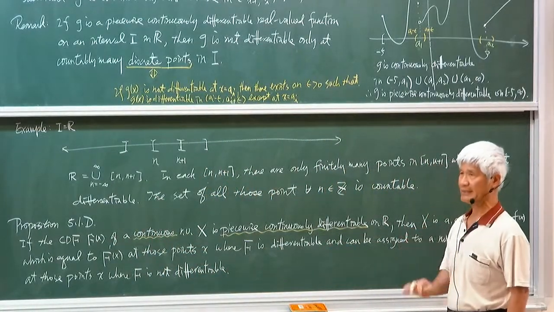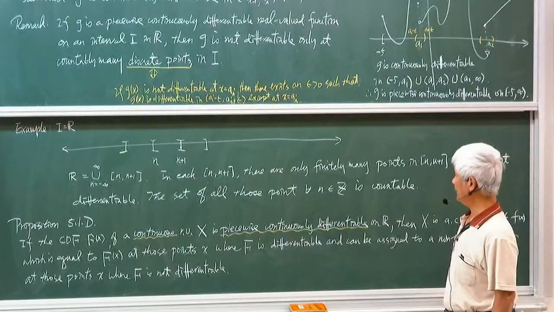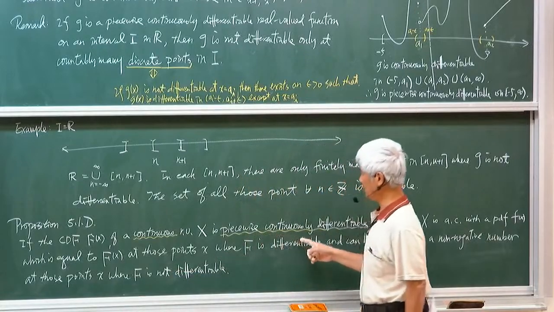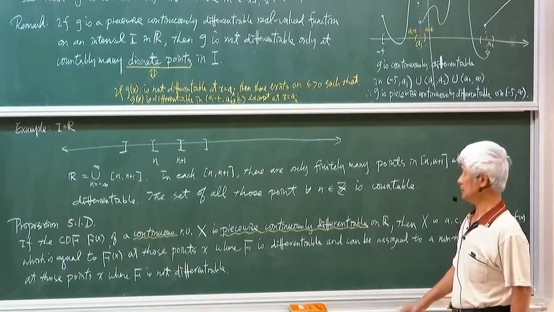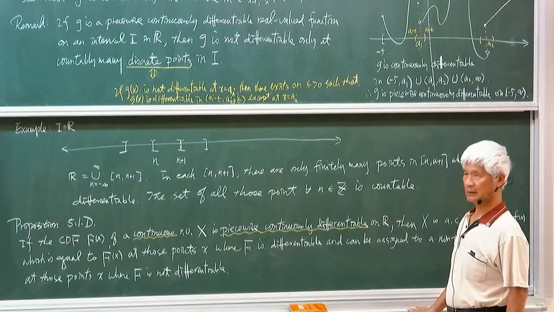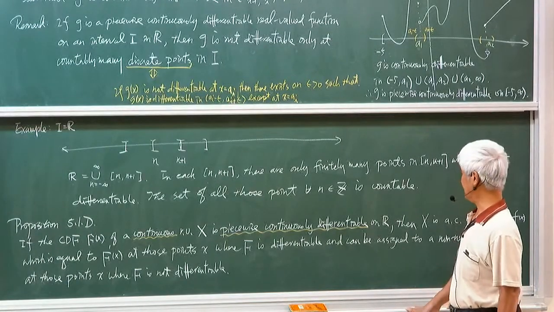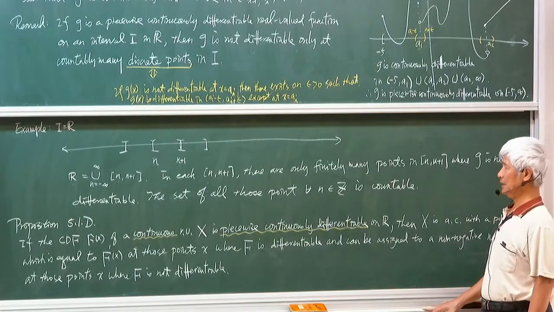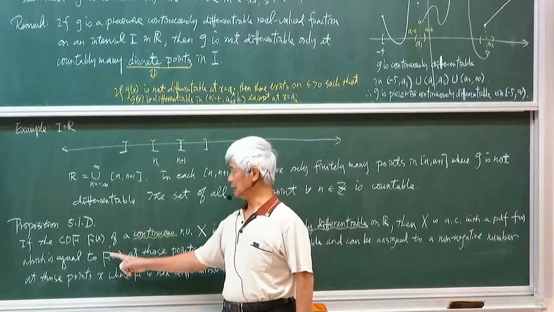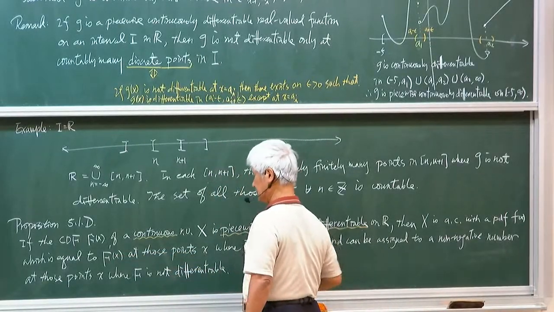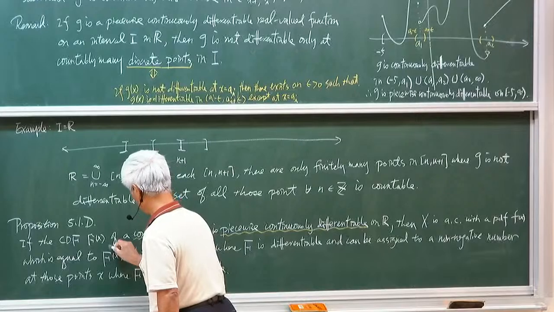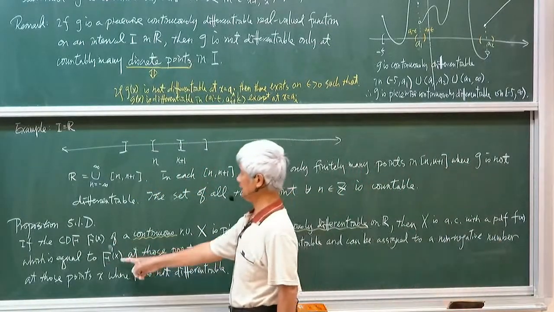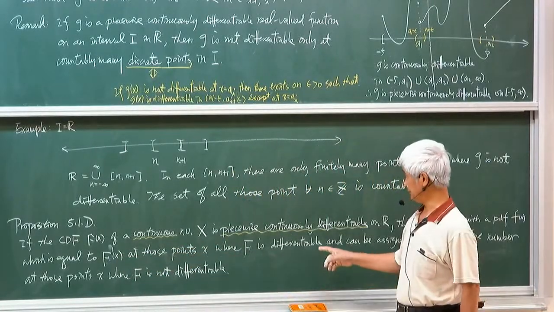This is the basic thing you have to know. And if this continuous function F of x is also piecewise continuously differentiable, then we know that the random variable X is absolutely continuous, and we can find the PDF, which is equal to the derivative of the CDF, F prime, for those points x where the CDF is differentiable.